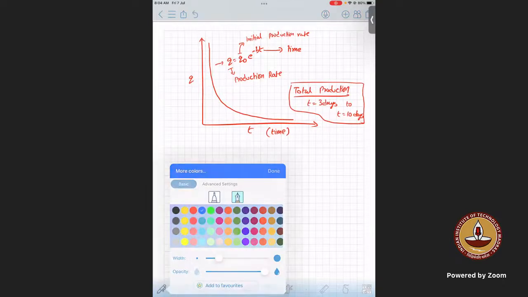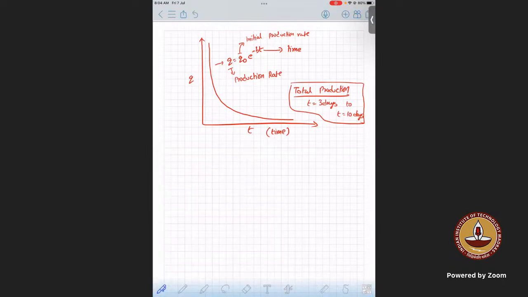Are you getting the point? Yes, sir. So we will have to take the area from 3 to 10. Area under this curve. Why area?